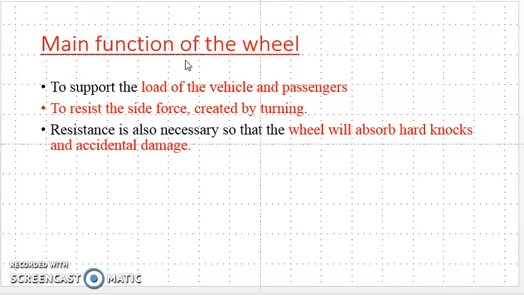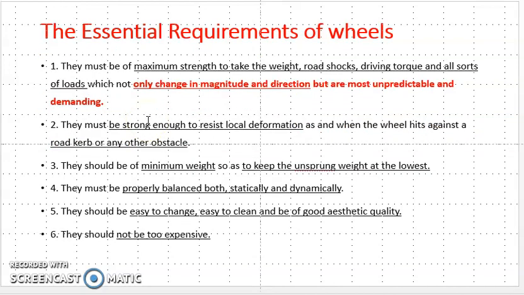They should be able to withstand it, and that resistance should be provided by the automobile wheel. Now we will see the next topic, the essential requirements of wheels.